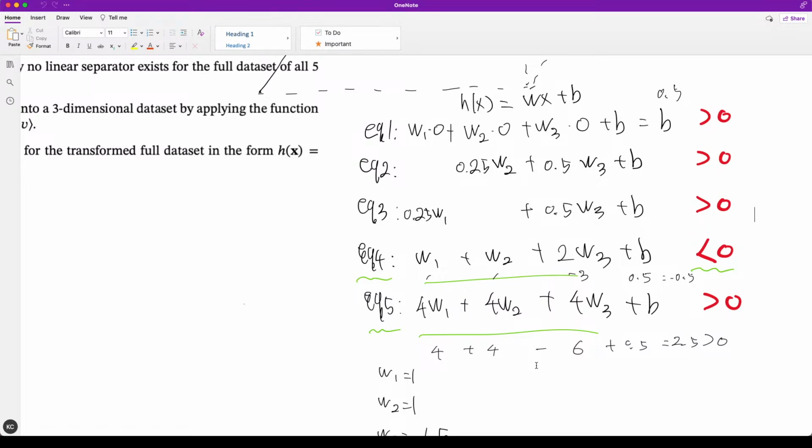And equation 2 is 1 and minus 1.5, so it is 0.25 plus minus 0.75 plus 0.5, which equals 0. This means it is exactly on the separator plane.